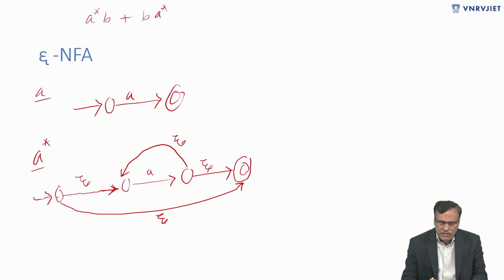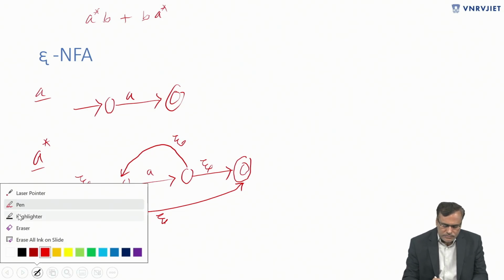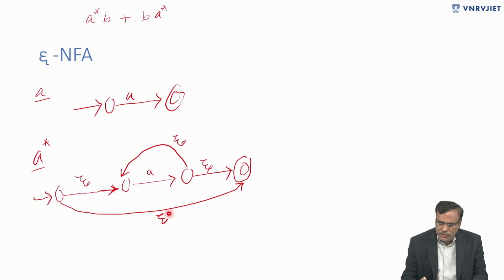If it is epsilon, this is the path it is going to take. If it is a single A, it is going to take this path. Epsilon concatenation A is A itself. Concatenation with epsilon is A itself.